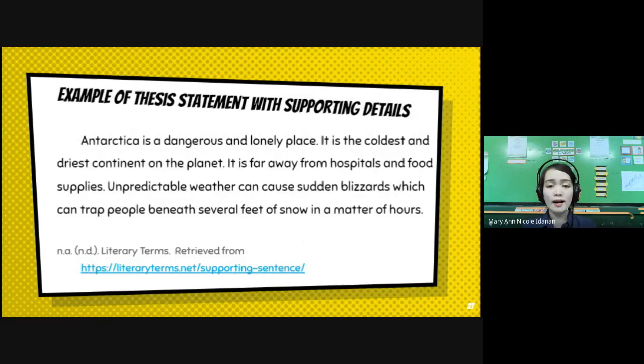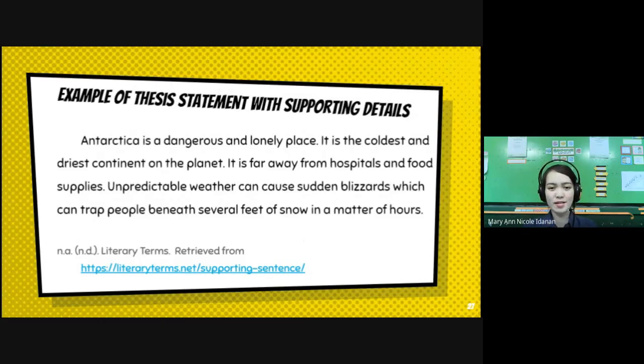And class, just imagine, or maybe be informed, that this statement is just a part of his or her introduction or introductory paragraph. So definitely there might be more sentences before that thesis statement, and for sure there are more sentences after that thesis statement. Okay? And as you can see, their thesis statements are very long.